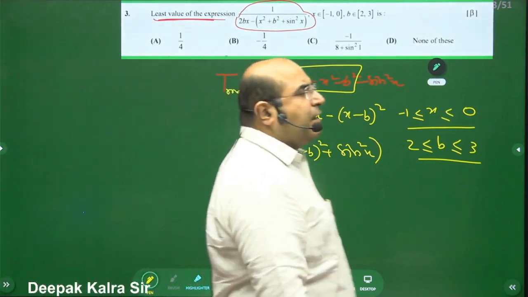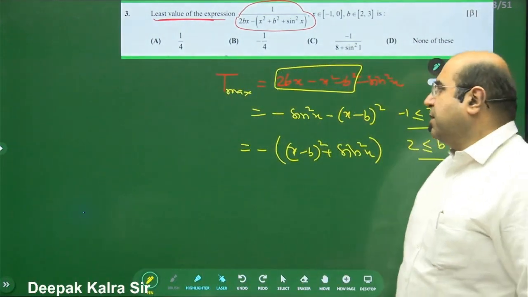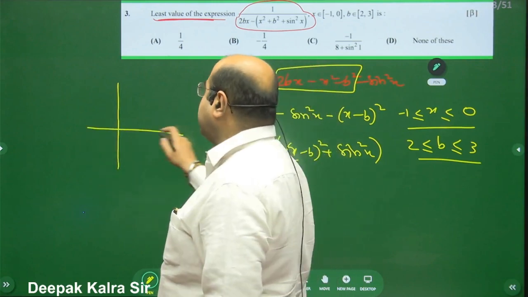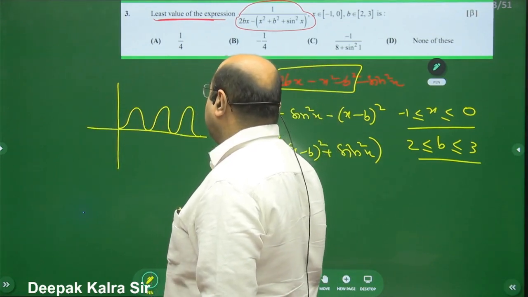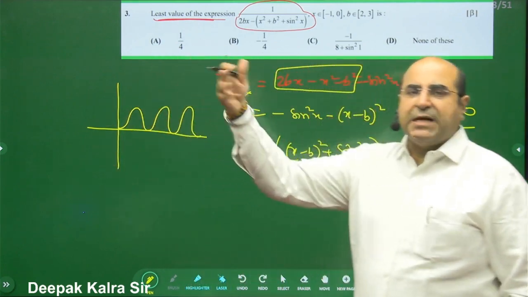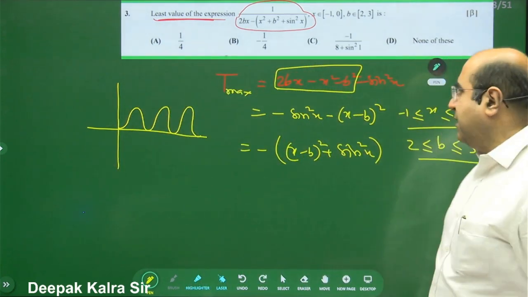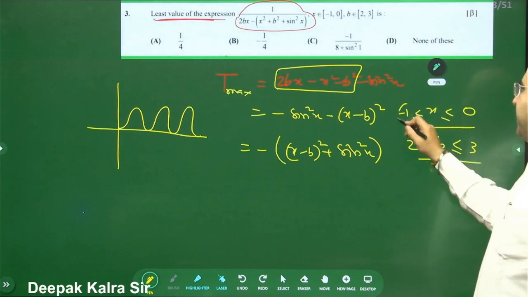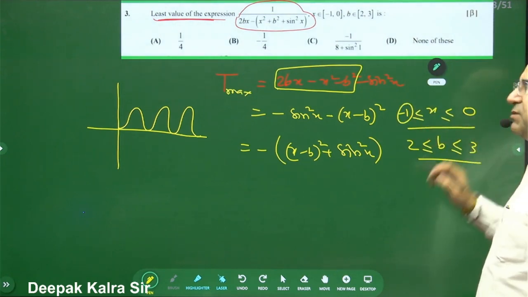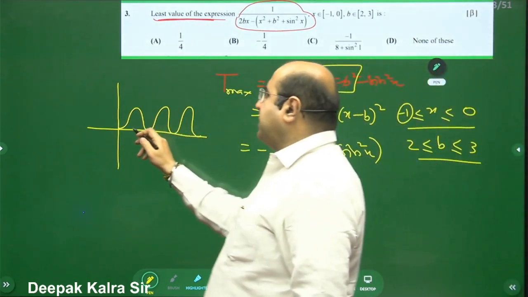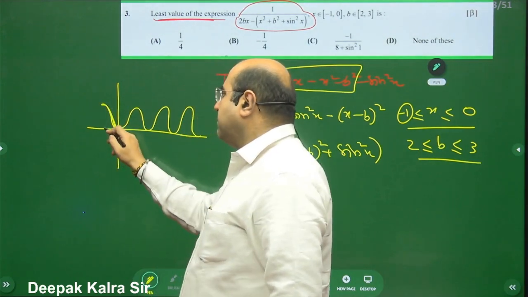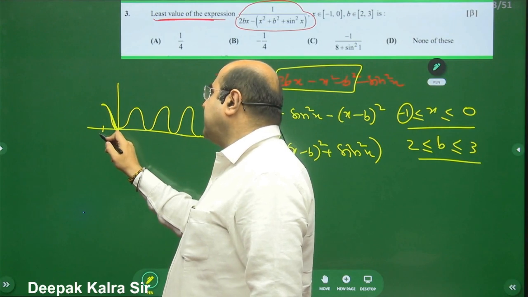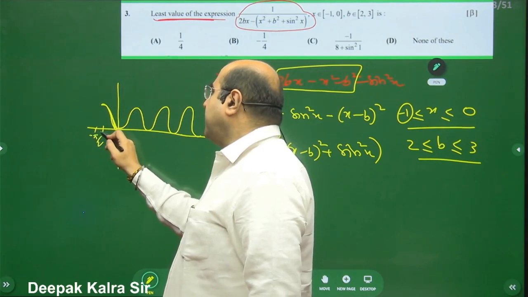Now when you are taking sine square x, you know the graph of sine square x goes like this. It is always above the x axis, always non-negative, you know very well. My x is behaving from minus 1 to 0. So minus 1 to 0, something like this it is going to be there. No doubt it is less than minus pi by 2, but will be somewhere here.